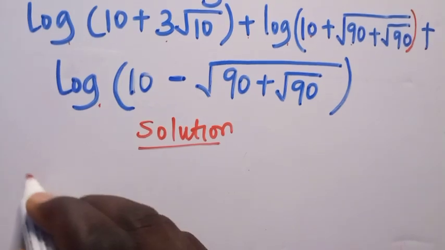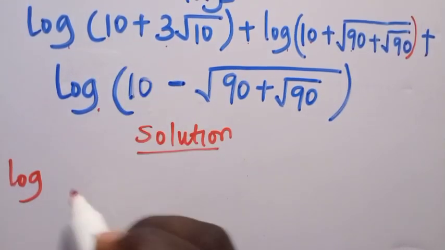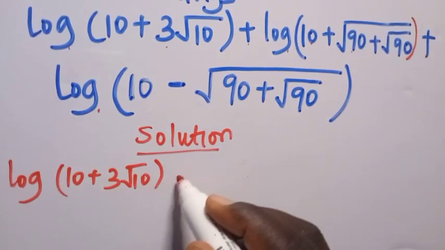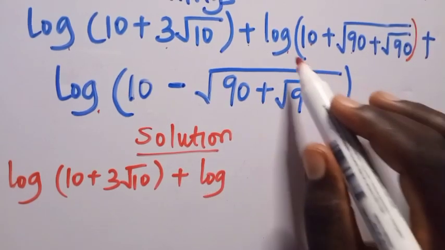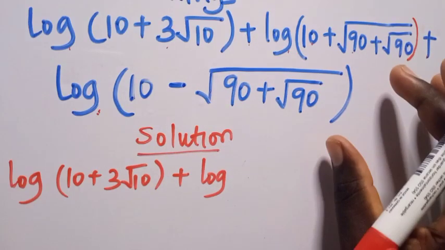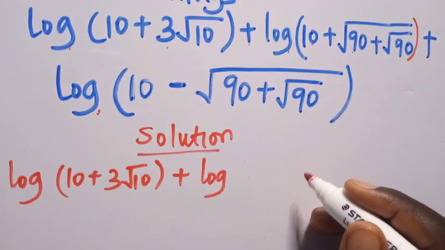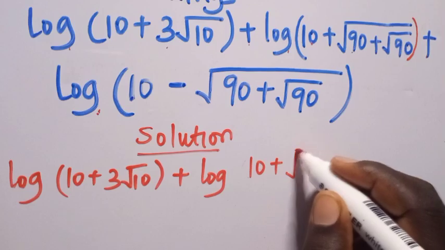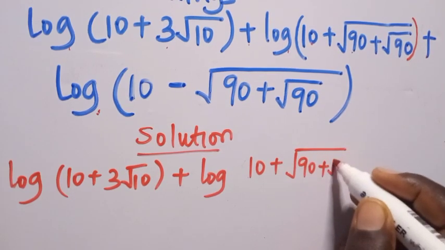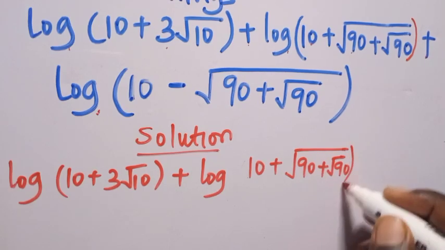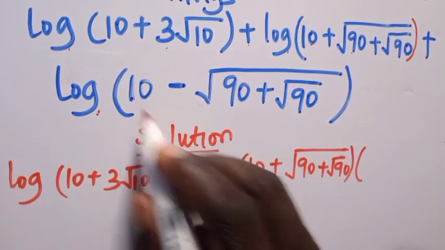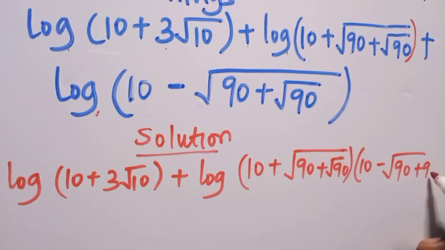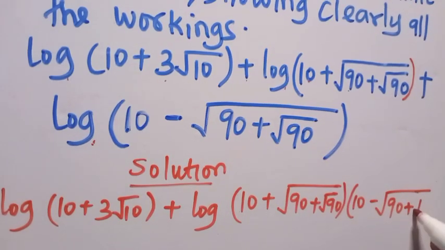And therefore we shall have the logarithm of 10 plus 3 root 10, then plus the logarithm of, since these two are logarithms of the same base, we can combine them as a single logarithm: (10 plus the square root of 90 plus root 90) times (10 minus the square root of 90 plus root 90).